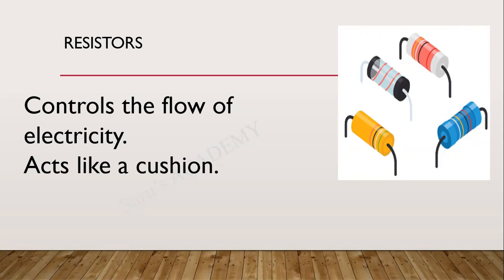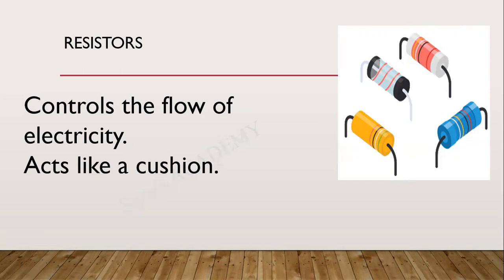And the main purpose of a resistor we already discussed. What is the main purpose? The main purpose is to reduce the flow of current and to lower the voltage in any particular portion of the circuit.